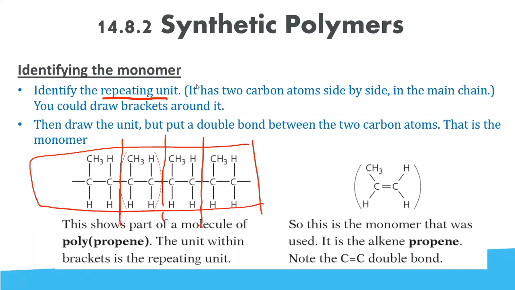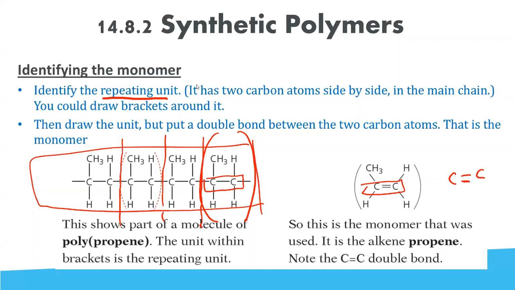And if you are asked to draw the structure of the monomer, we take part of it, and we always know the two carbons written as the base structure are the two carbons that will be in the double bond, right? So we introduce two carbons with the double bond.